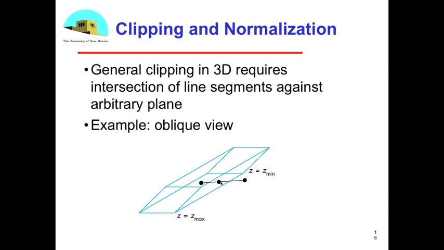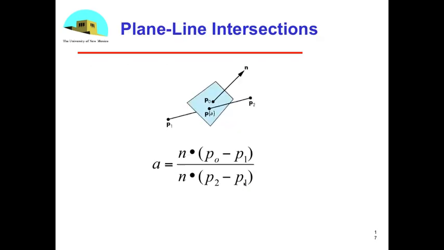You could say, okay, how do I do an intersection of a line segment with a plane? Well, you can look at the standard form for the line segment going between P1 and P2. Look at it as a parametric form.